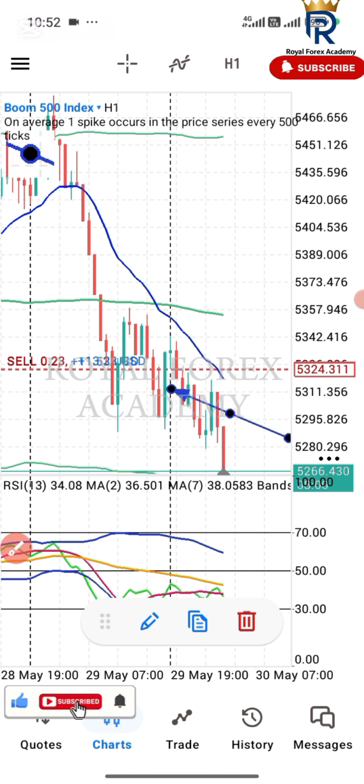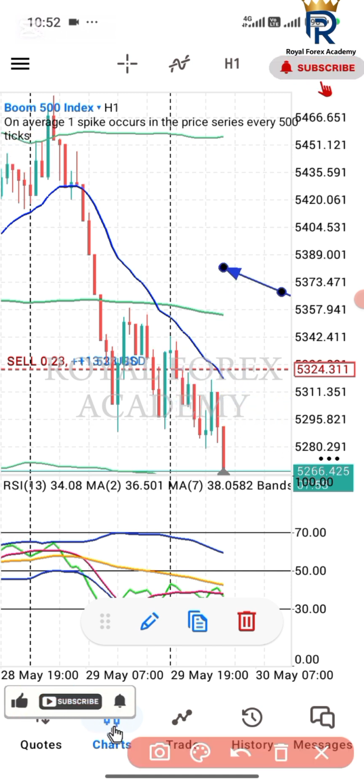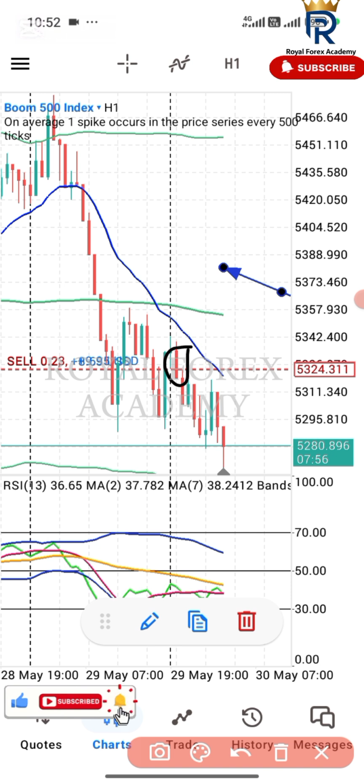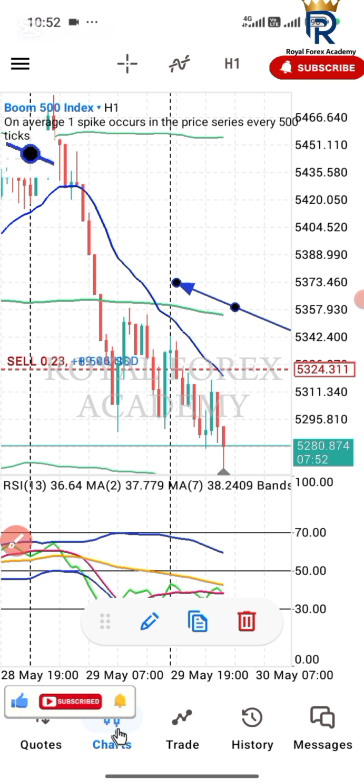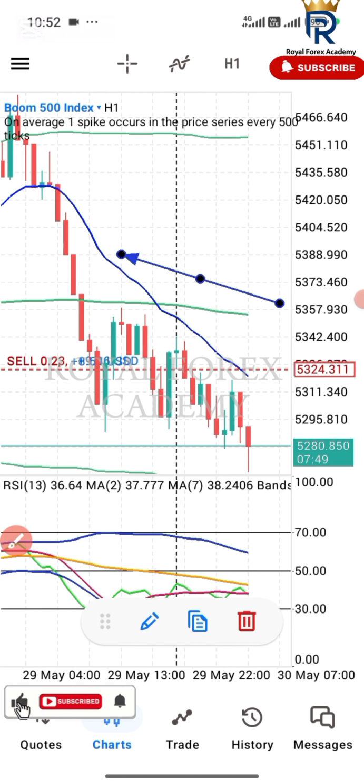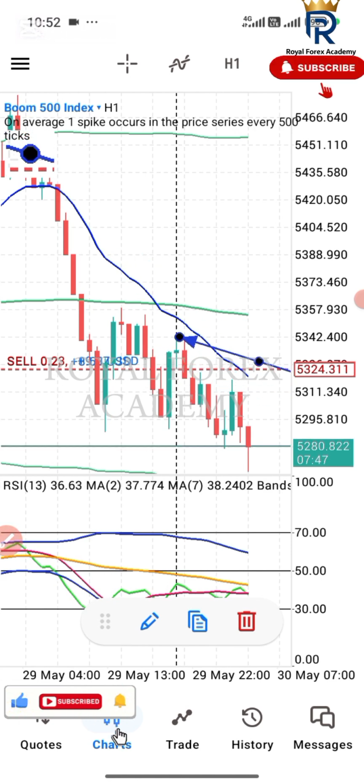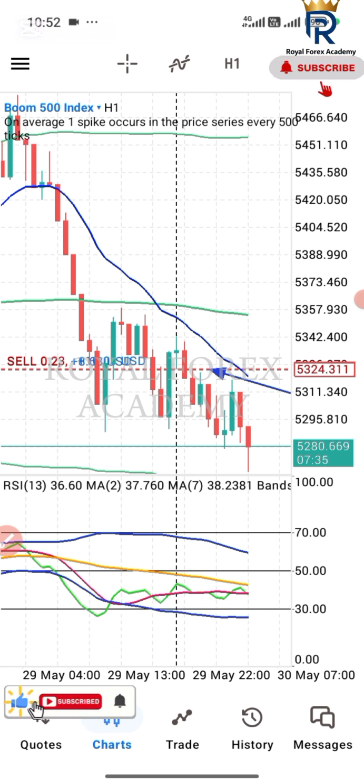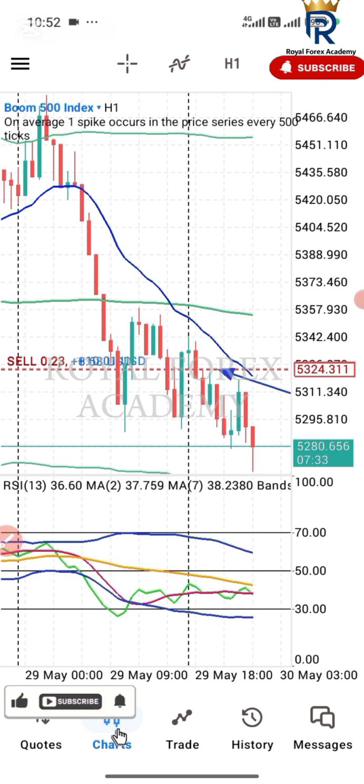So I make my entry on this candle when I saw this sellers' candle again, and of course I saw this rejection coming from this zone. There is a rejection here, this doji indecision. Then when I saw this bearish formation, I saw it as a continuation, and that is exactly how I come into this trade and make my trade entry. So it's as simple as that.